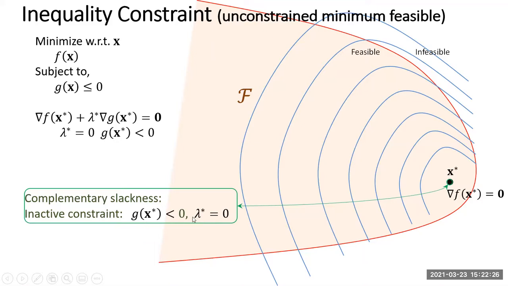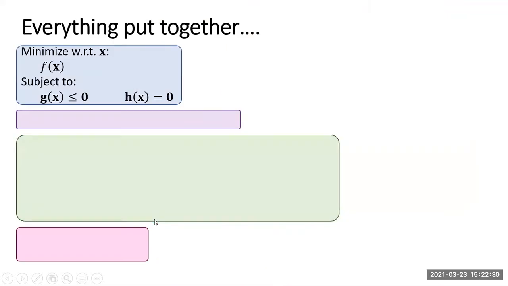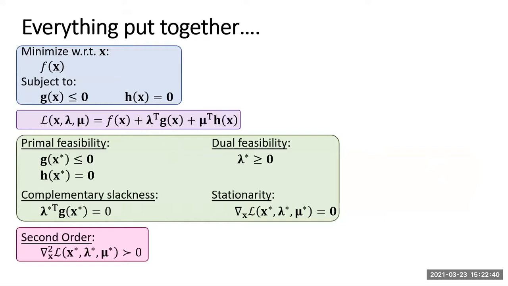So when you multiply lambda star with g of x star, you get 0. But anyways, this is the optimization problem, and this is the Lagrangian. These are the four first order KKT conditions, and this is the second order KKT condition. And this summarizes everything.